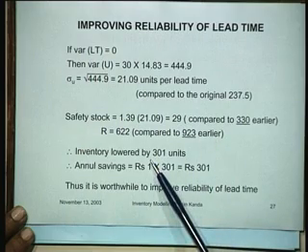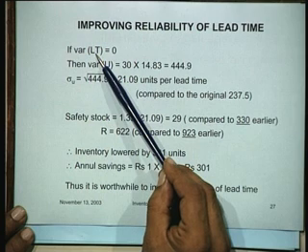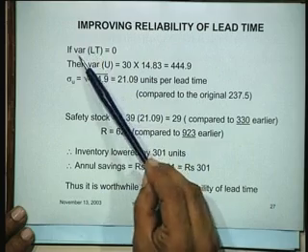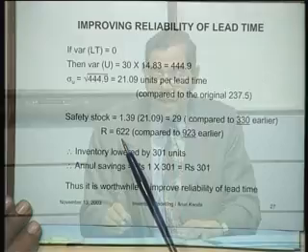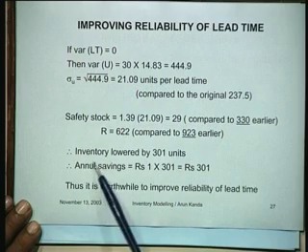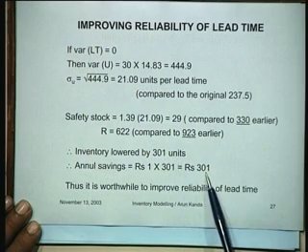This gives you an idea of the amount of savings you can make if your information is correct. If the variance of lead time is 0, that means you are sure about your lead time, there is no uncertainty, then the R value can go down to 622, inventory is lowered by 301 units, and annual savings are 301 rupees.